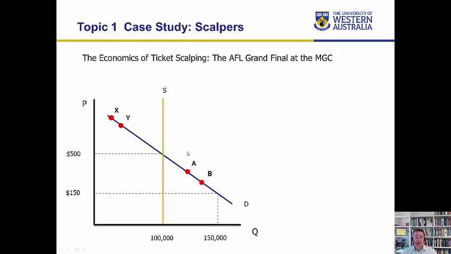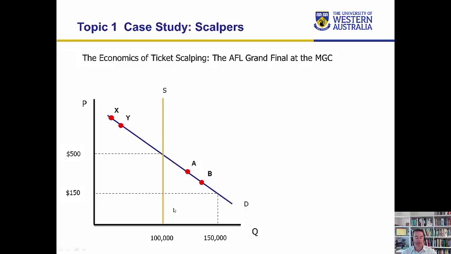I've drawn the demand curve downward sloping, and the thing that you need to note about the demand curve is, in this case, the demand curve is made up of individual people. So I've drawn four people here: person A, person B, person X, and person Y. And so what I'm assuming is that the demand curve is made up of the willingness to pay for these tickets to the grand final of each of the 170,000 people along the demand curve.